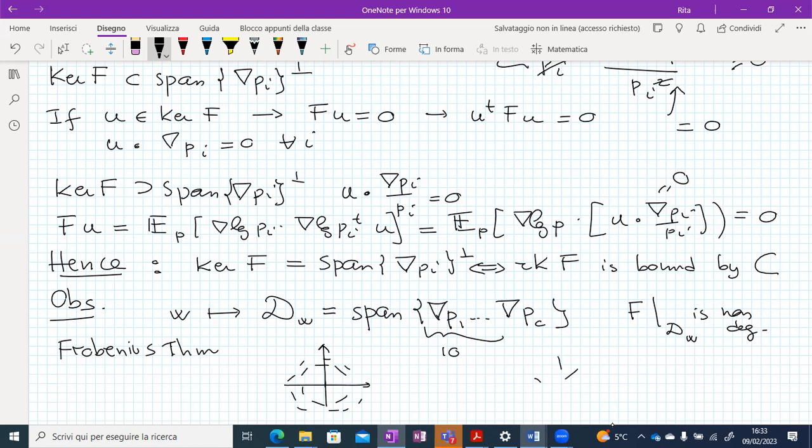Sadly, F does not satisfy the Frobenius theorem criterion. So F will not be a metric on any submanifold. So this is one way out that cannot be used. There is another way out, sub-Riemannian geometry. So I'll spend just 1 minute. On the opposite side of Frobenius theorem, there is the so-called sub-Riemannian geometry.